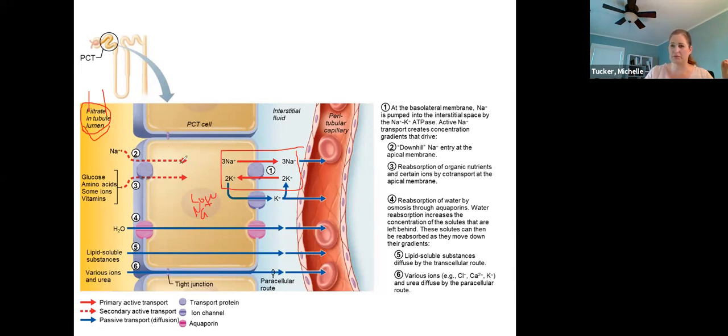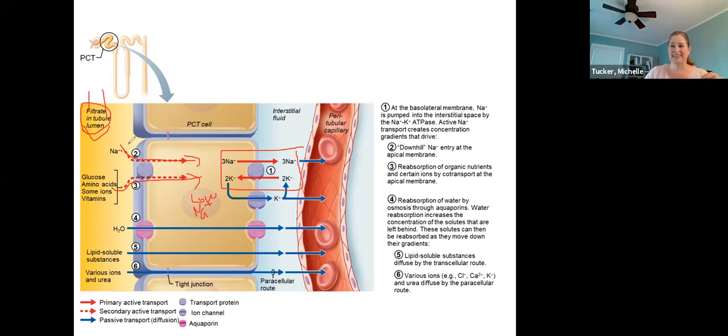So it still has to go through ion channels, but now it's going from high to low along its concentration gradient. At the same time, we get co-transport of glucose and amino acids, some other ions and vitamins. As sodium goes down its gradient, it basically holds hands with either glucose or amino acids, and takes it into the cell along with sodium. So co-transport in the same direction, the symport.